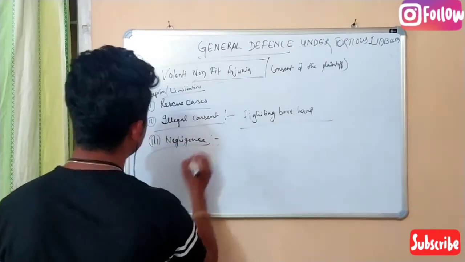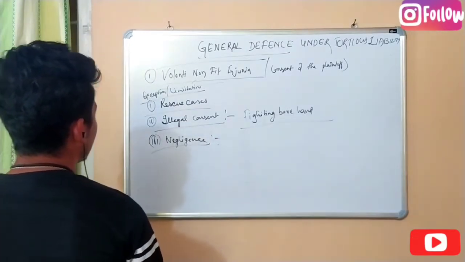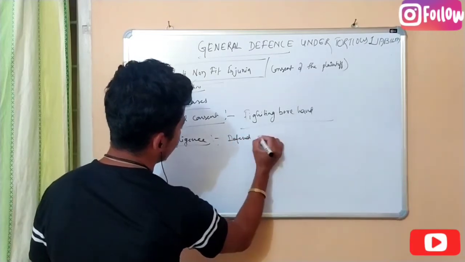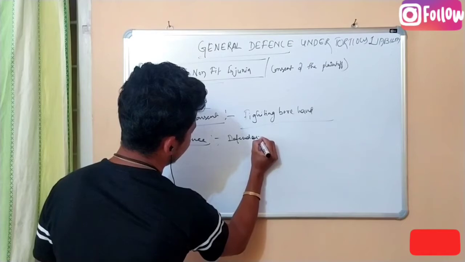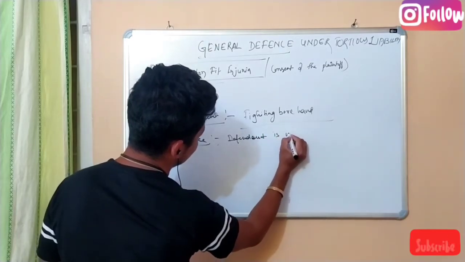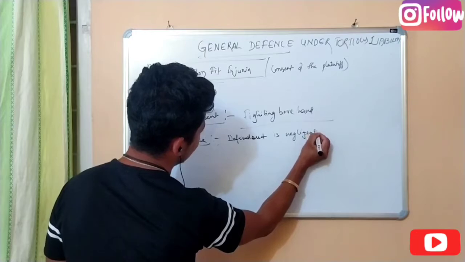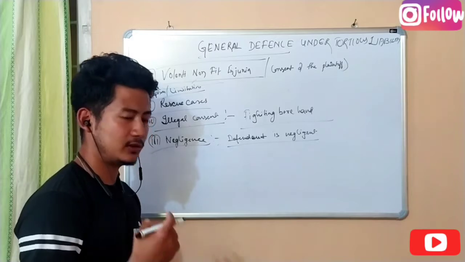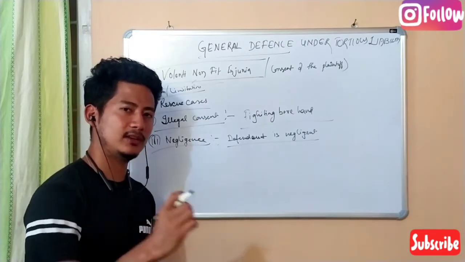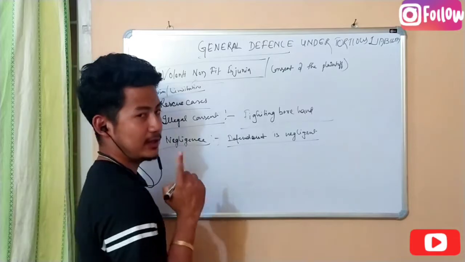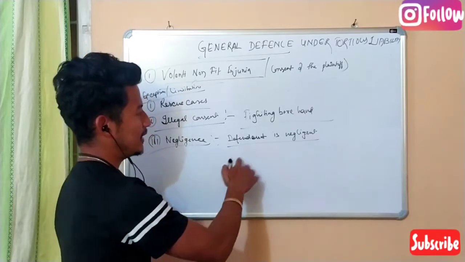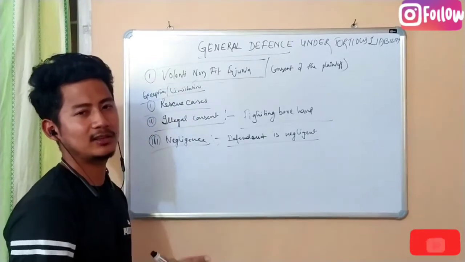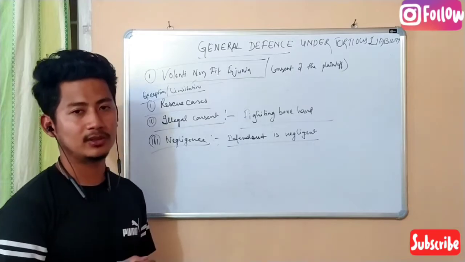So if the defendant is negligent, though the plaintiff has given consent to the risk, but there was negligence on the part of the defendant, and due to the negligence of the defendant the plaintiff suffered injury, then the defendant cannot say that the plaintiff consented to the injury so he will not be liable for compensation.